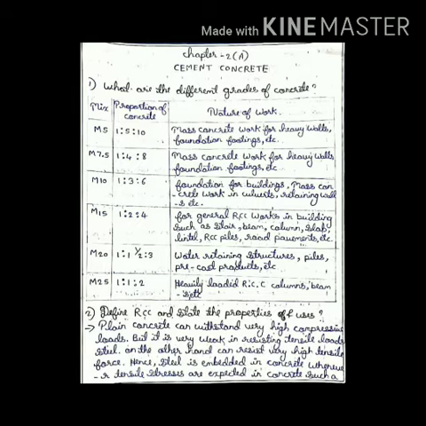So steel is used along with the concrete, known as RCC. Reinforced cement concrete RCC is high in resisting the tensile force and also the compressive. Hence steel is embedded in concrete.